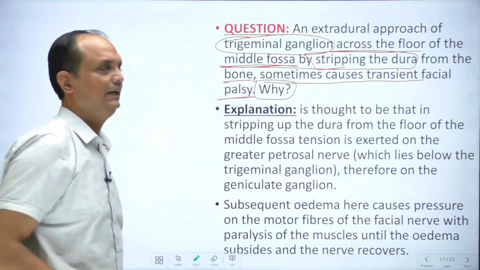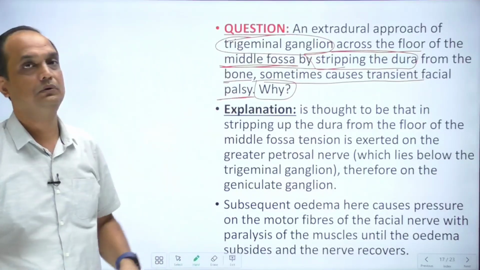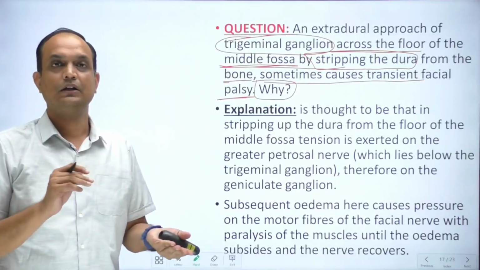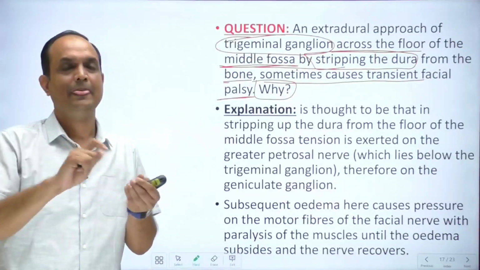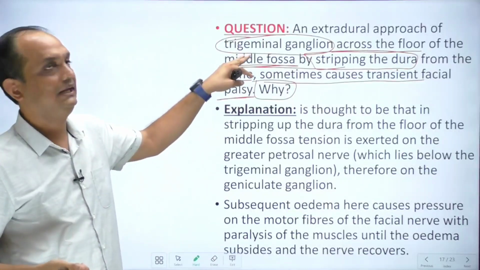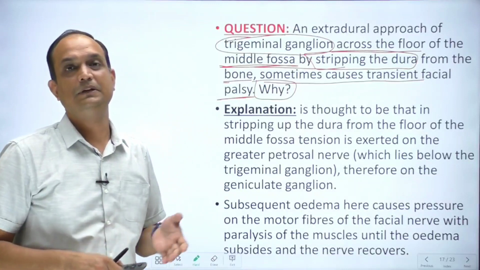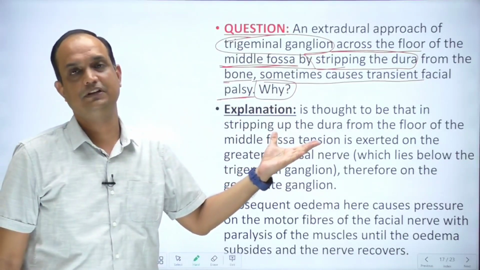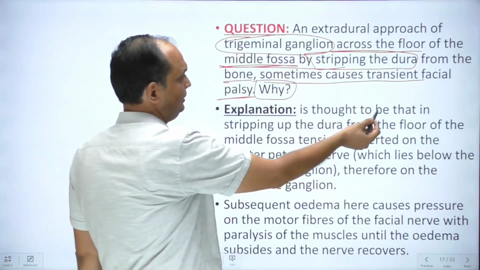Why? The question is saying that if you approached the trigeminal ganglia extradurally, extradural means outside the dura, so you have removed the dura from the bone. Now when you are stripping the dura from the bone to see the trigeminal ganglia, sometimes you are able to see that the patient is having the facial nerve palsy, transient facial nerve palsy. Why does this happen? What is the explanation?